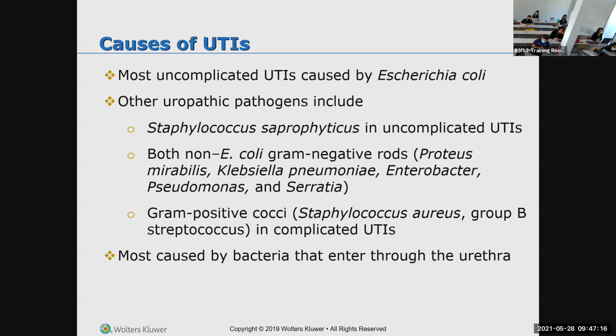The other uropathogens include Staphylococcus saprophyticus in uncomplicated cases. These are the other organisms. And most are caused by bacteria that enter through the portal of entry, which is my urethra. Port of entry.